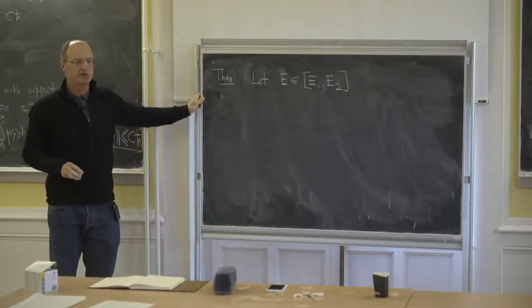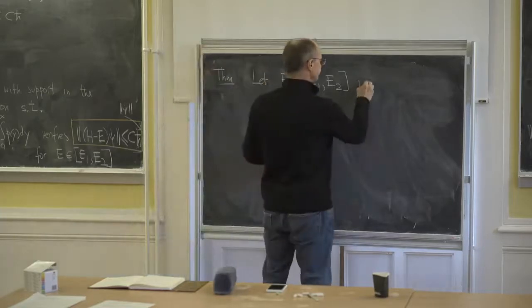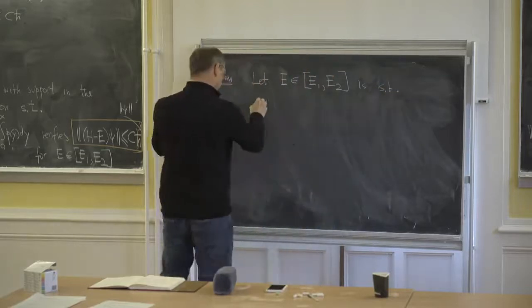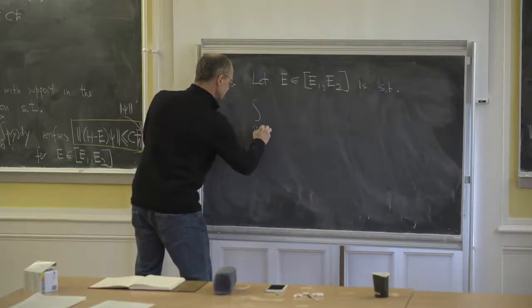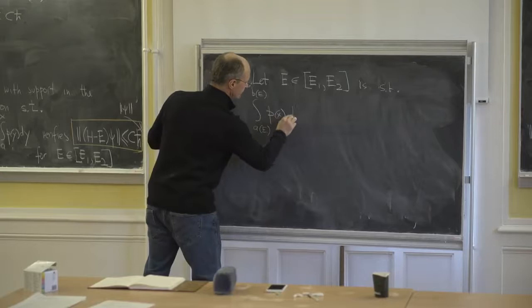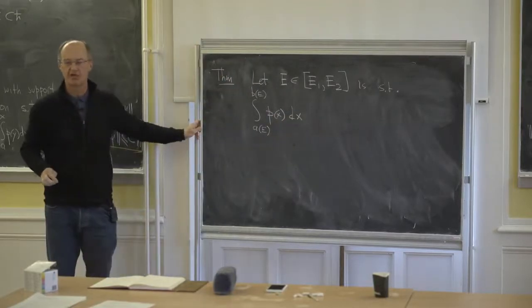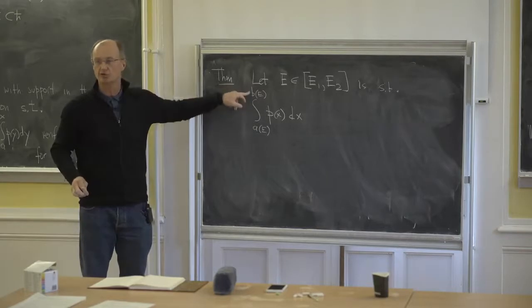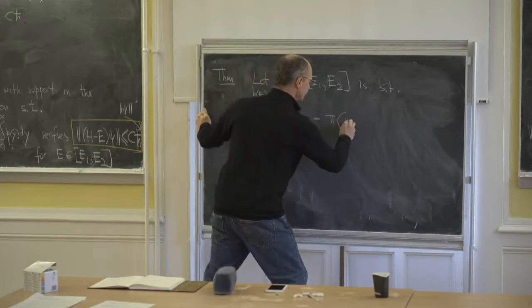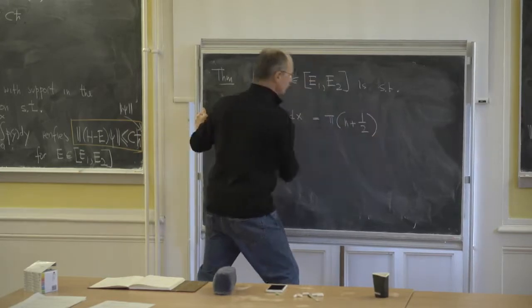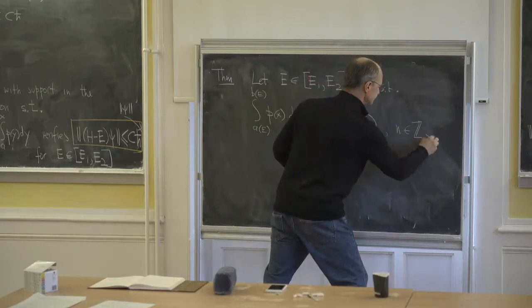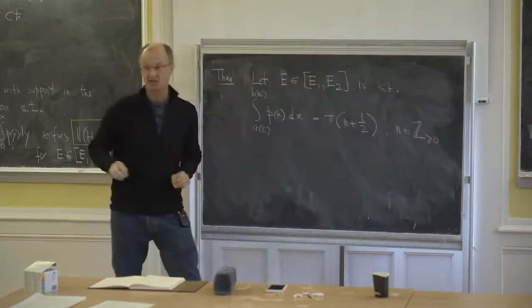Suppose that the energy E in the window E1, E2 is such that the integral of P of x dx along the allowed region from turning point to turning point is equal to pi times (n plus 1/2), for n a non-negative integer.